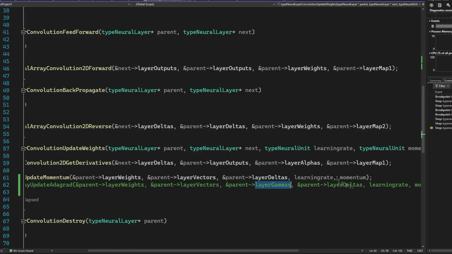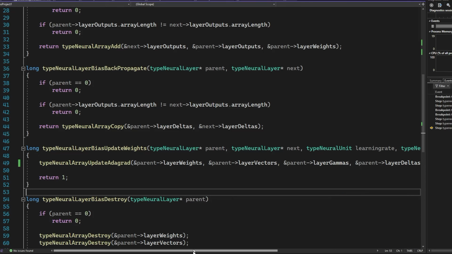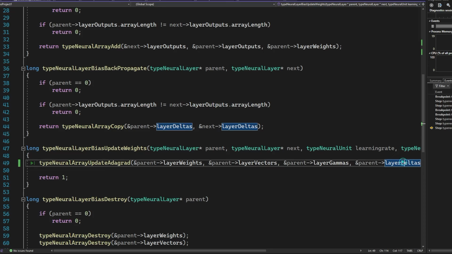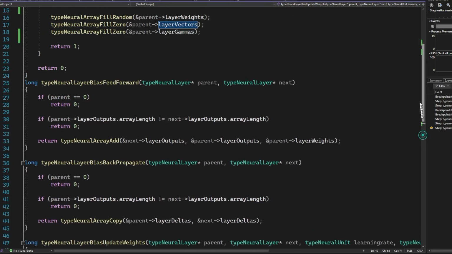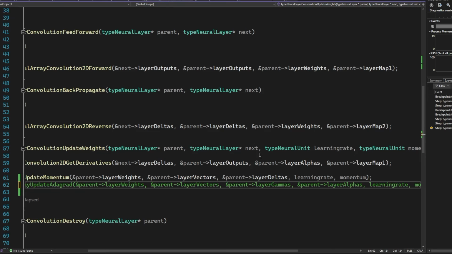I was copying from the bias layer. And for the bias layers, the deltas is the same thing. The deltas and the alphas, you don't need to calculate momentum. That works perfectly fine, because the gammas and the vectors and the deltas are all the same size. It's a really stupid error. Everything's the same size, but for the convolutional layer, the weights and the outputs are definitely not the same size.